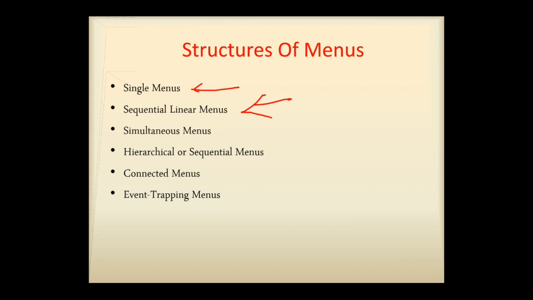The biggest advantage of this connected menu network is that it gives the user full control over the navigation flow. But the disadvantage is that it gets complicated, and its navigation may be very difficult to understand for an inexperienced user, right? So let us see how exactly these connected menu structures look.